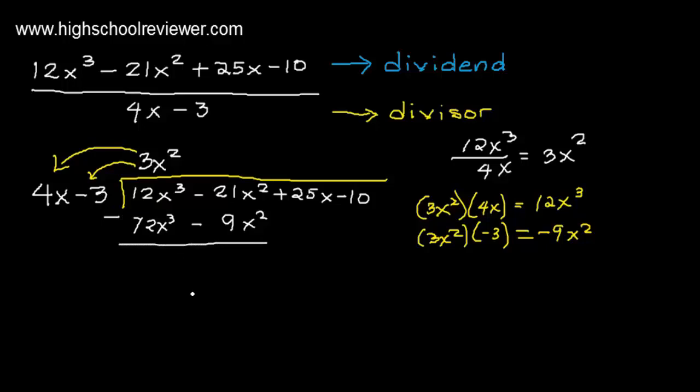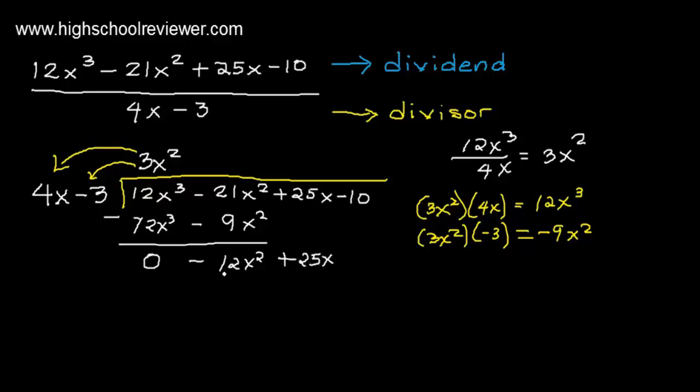So subtracting, we will have 12x cubed minus 12x cubed. This is 0. And we have negative 21x squared minus negative 9x squared. This will be negative 12x squared. And bring down the next term, which is positive 25x.